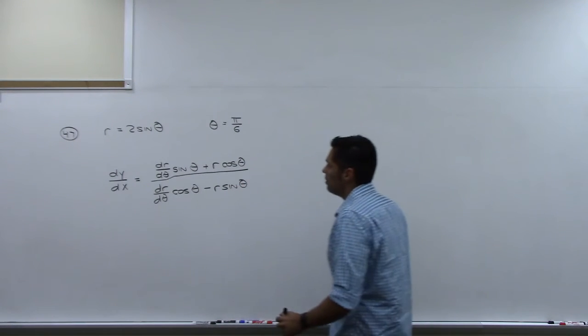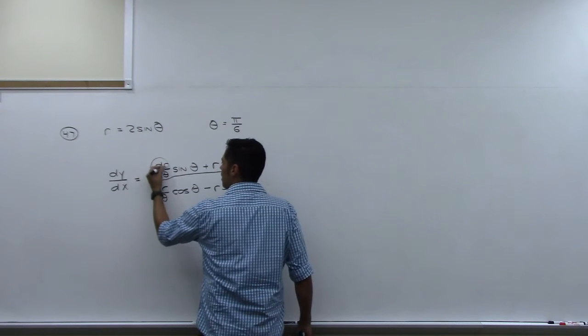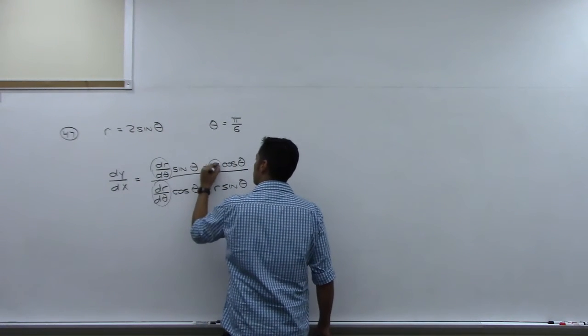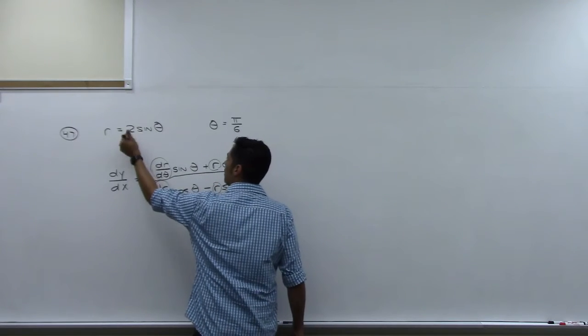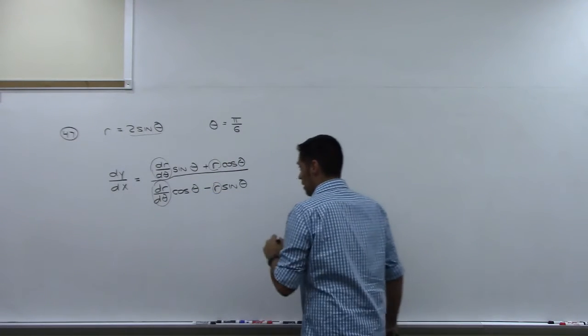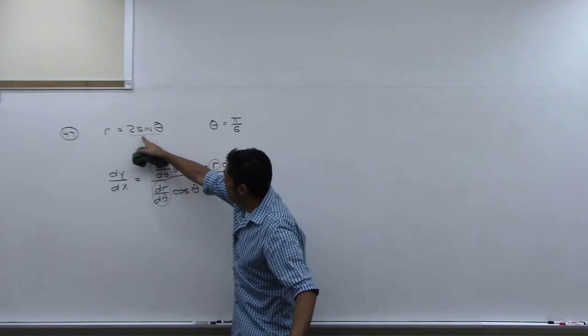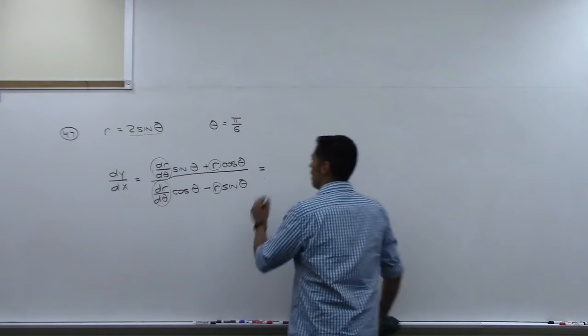So what we need to do in this formula is replace dr/d theta here and here with the derivative of this, and replace r here and r here with 2 sine theta. The derivative of r with respect to theta is just 2 cosine theta.